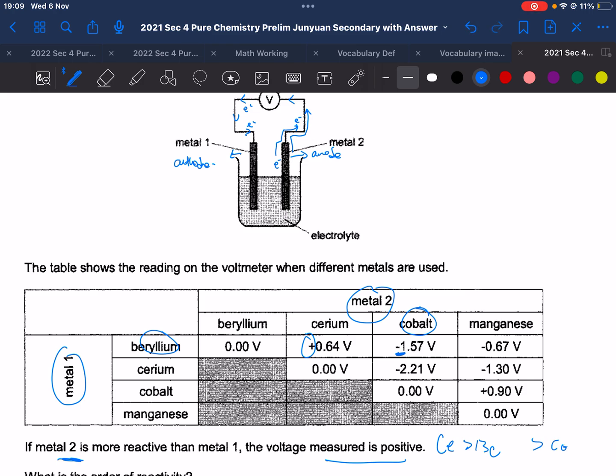Okay, manganese. Since it's negative, it means that metal 1 is more reactive than manganese. So beryllium and cerium are both more reactive than manganese. So manganese can take this place or this place.